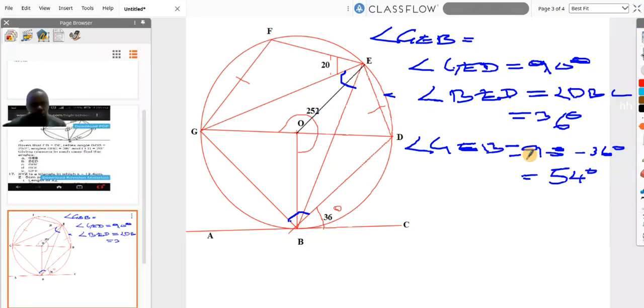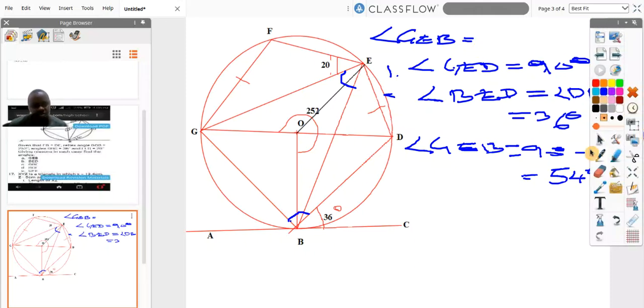So now you can give the reasons for this one. You can say that angle GED is equal to 90 degrees because the angle subtended by the diameter at the circumference is 90 degrees.